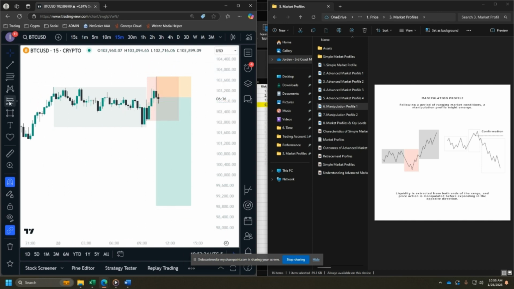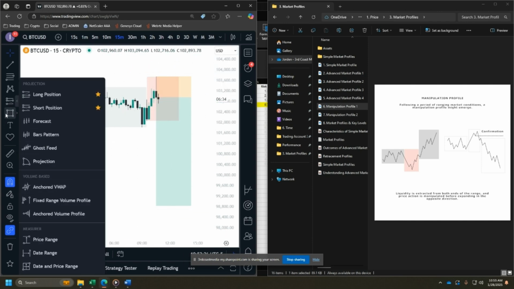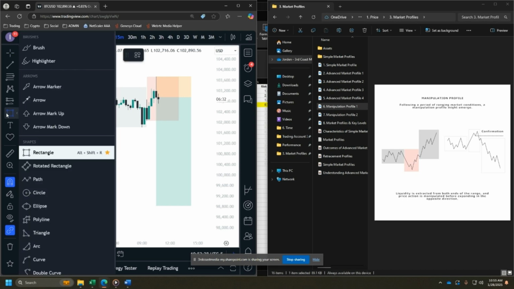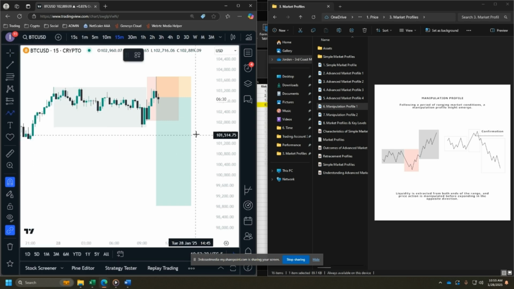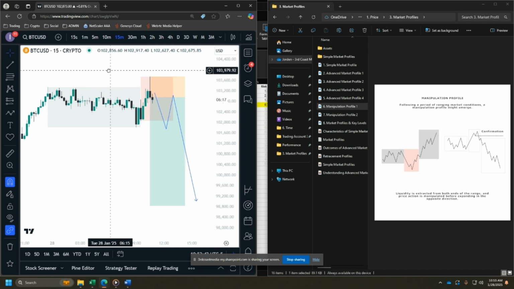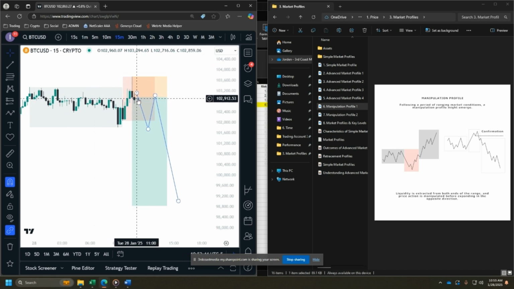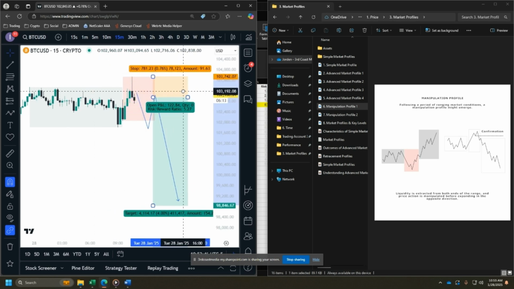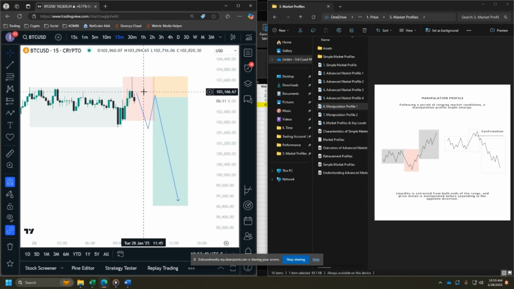So if I were just to take what I see and enter a short position and bet price was going to go down, we still have yet to wait for the test. This is actually what we want to see. So we don't want to enter here. We want to enter here. If that makes more sense.